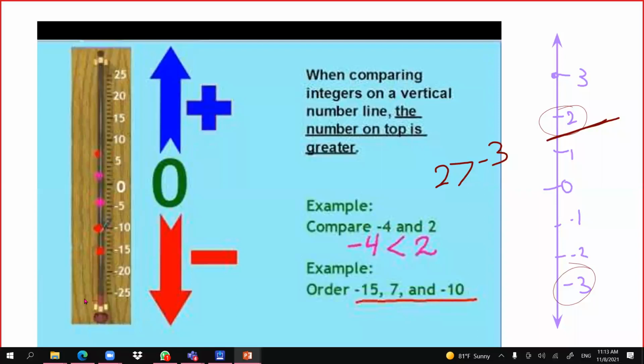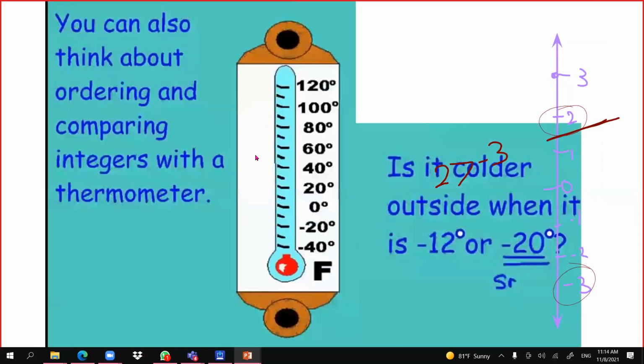And as I told you before, one of the examples is the thermometer. Like if you have -12, you can say it's somewhere here, and here is -12, and here is -20.